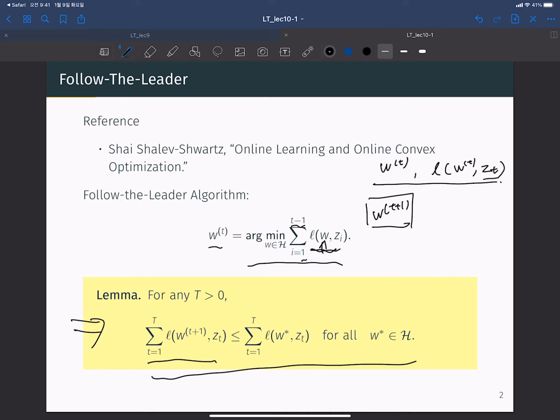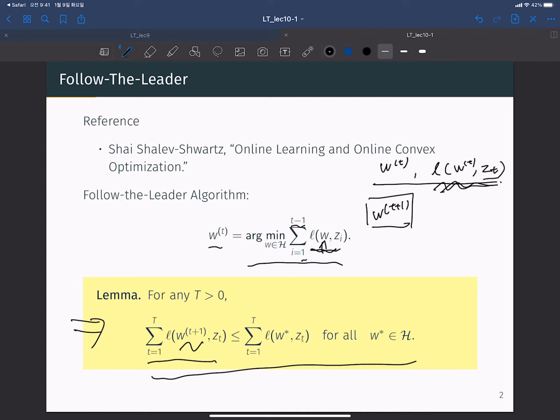if we could access the loss with respect to z_t before choosing w_t, then basically we can play w_{t+1} at time t.